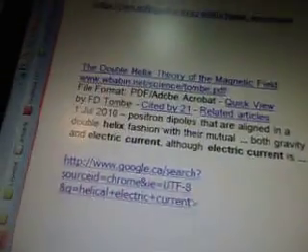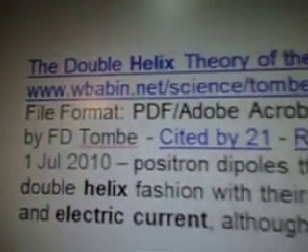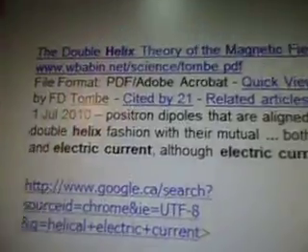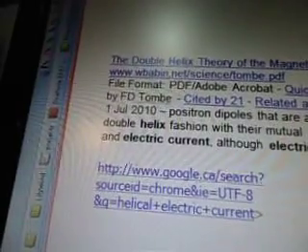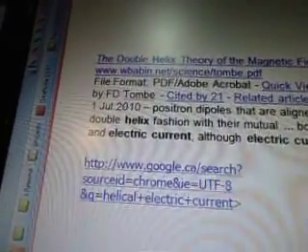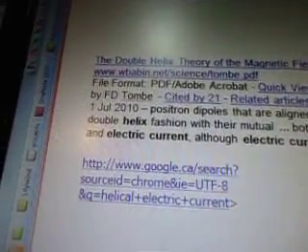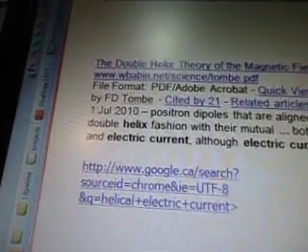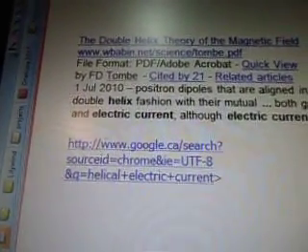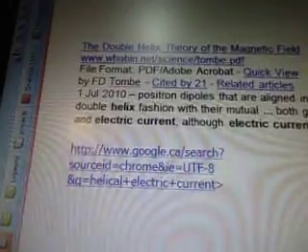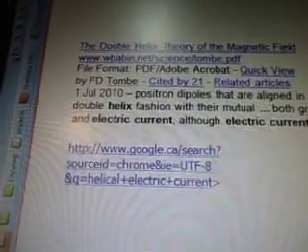The next thing that comes up in the data is called the double helix theory of the magnetic field. The website is www.wbabin.net, Science, Tombe PDF there. It's from F.D. Tombe, T-O-M-B-E, and it was posted July 1st, 2010. He talks about positron dipoles that are aligned in a double helix fashion with their mutual gravity and electric current.